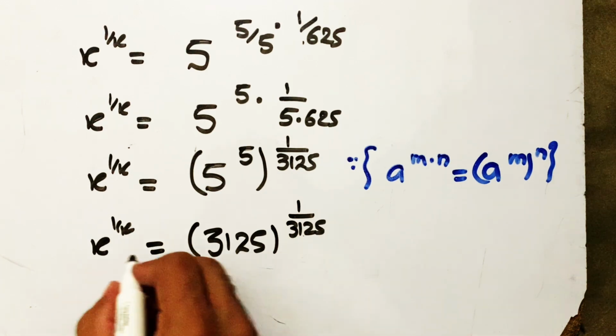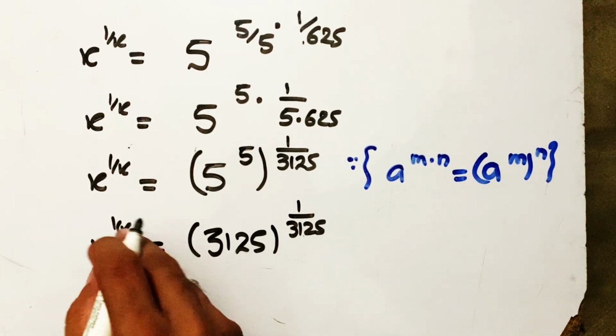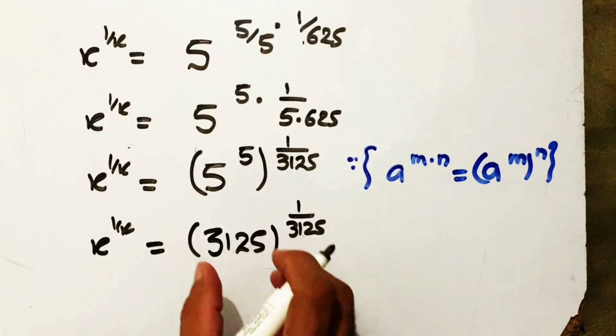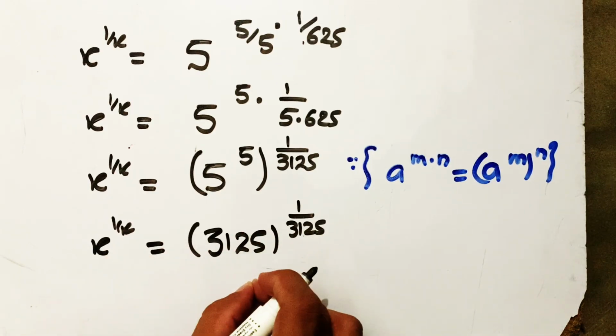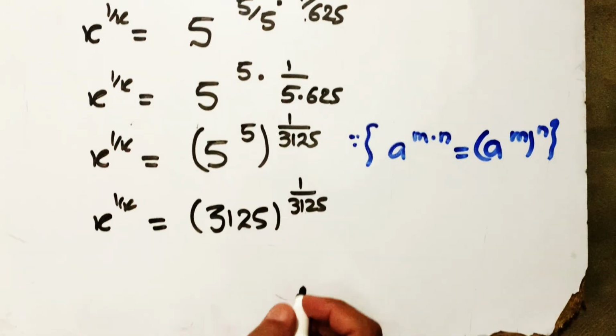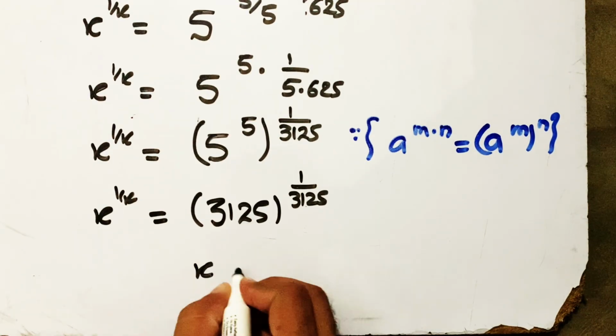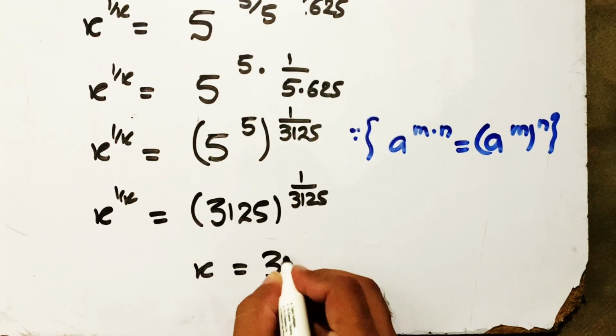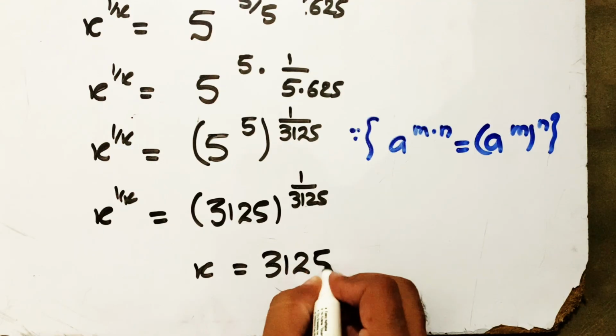This means x is equal to x and 1 by x is equal to 1 by x. The base is the same and the power is also the same, so we got the value x equals 3125.